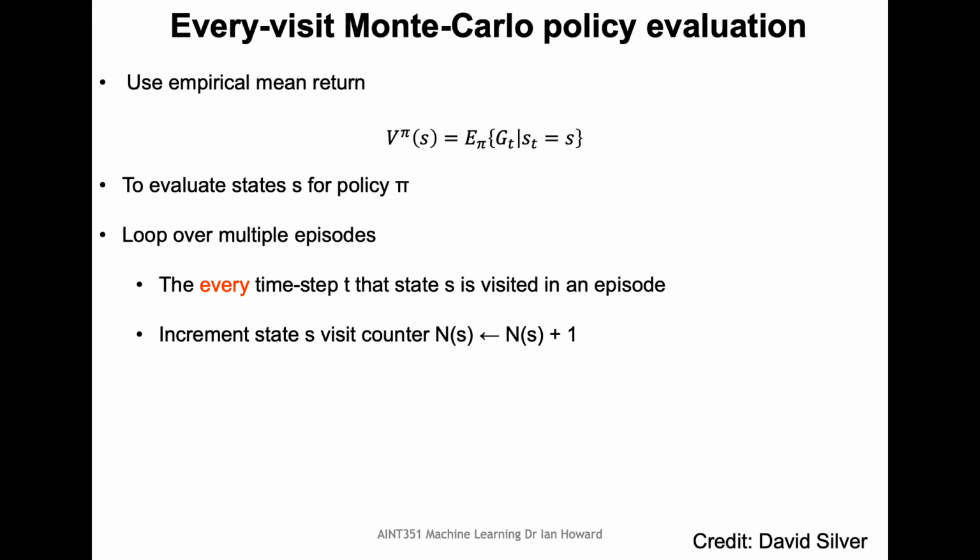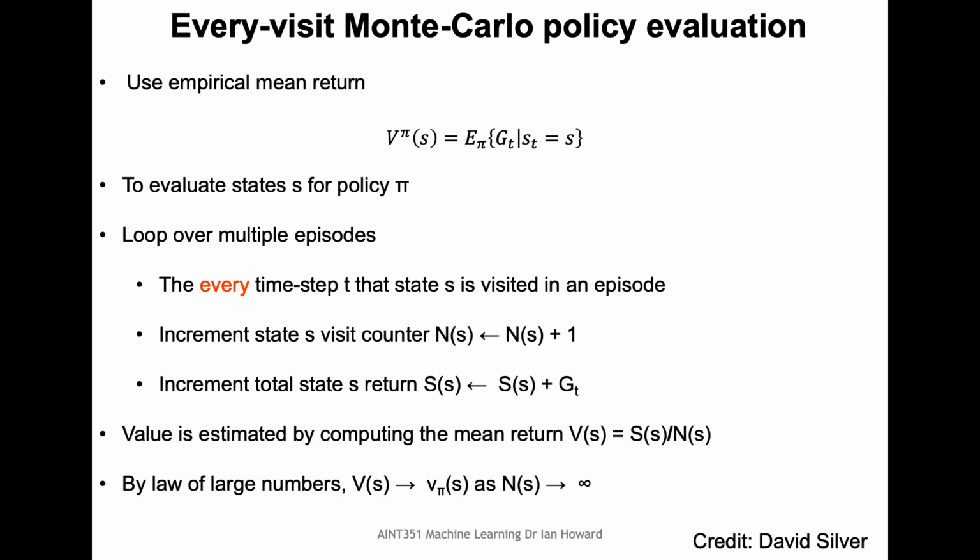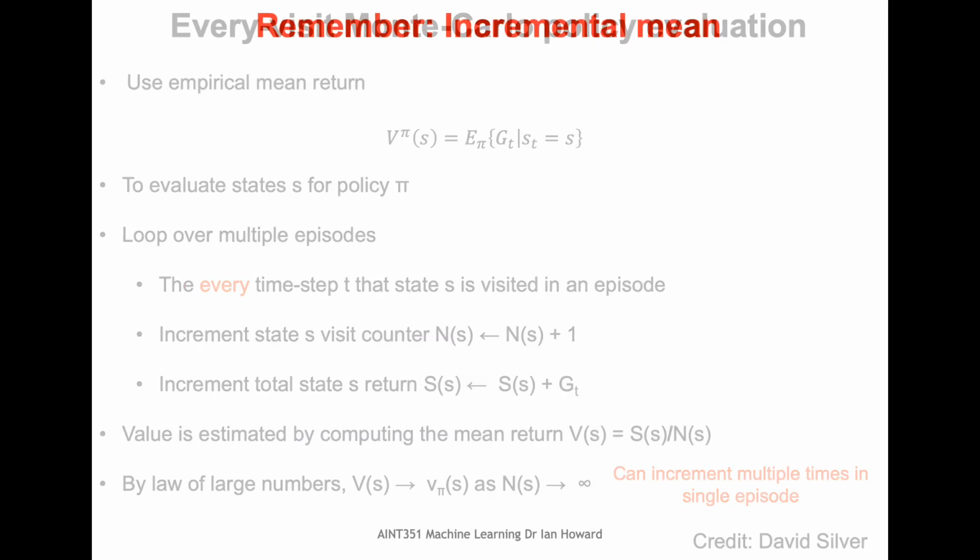So an episode could result in several counts for being in a state, and the total gain from that state will add up from every time we started from that place. So you could have several updates for the number of times you're in that state and several updates for the gain you get from going through a particular state. But apart from that, it's quite similar. Like I said, I'd consider just starting with first visit.